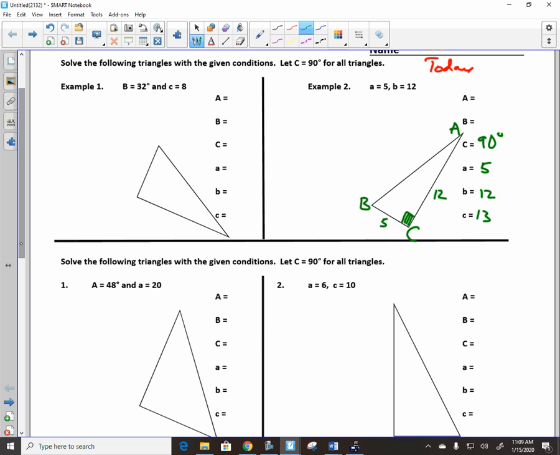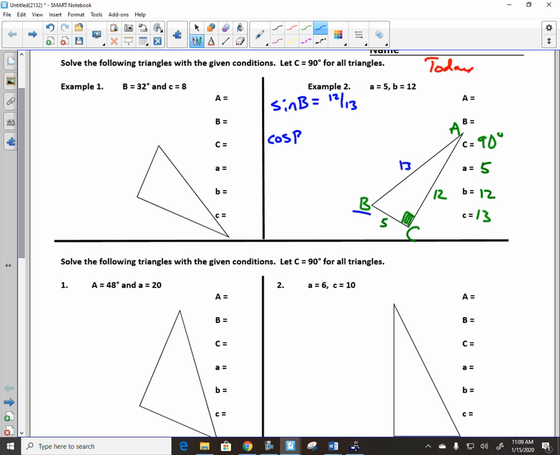Now you get a choice. EJ, do you want to find angle A or B? You choose. She wants to find angle B. Awesome. We're going to find angle B. I'm going to write 3 expressions that she can choose from. The sine of angle B is equal to the opposite over the hypotenuse, or 12/13ths.